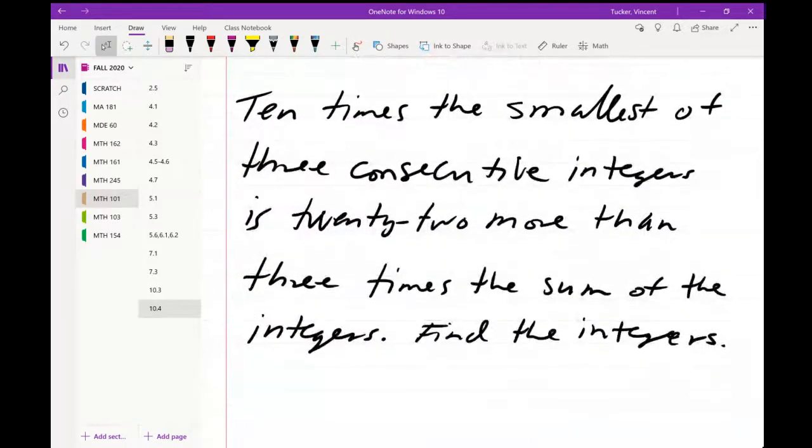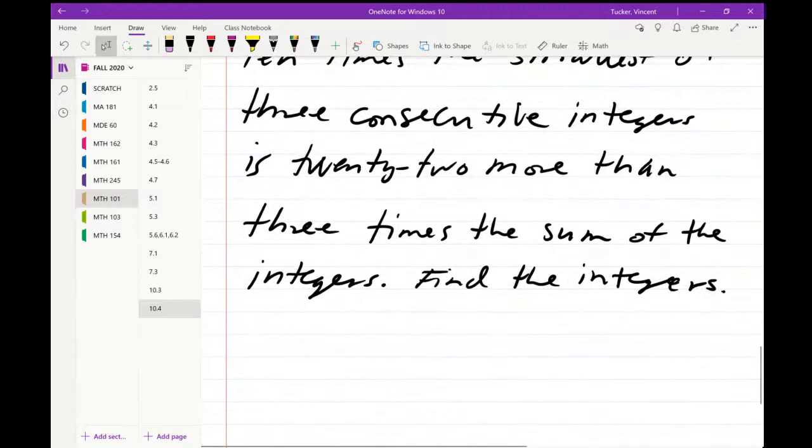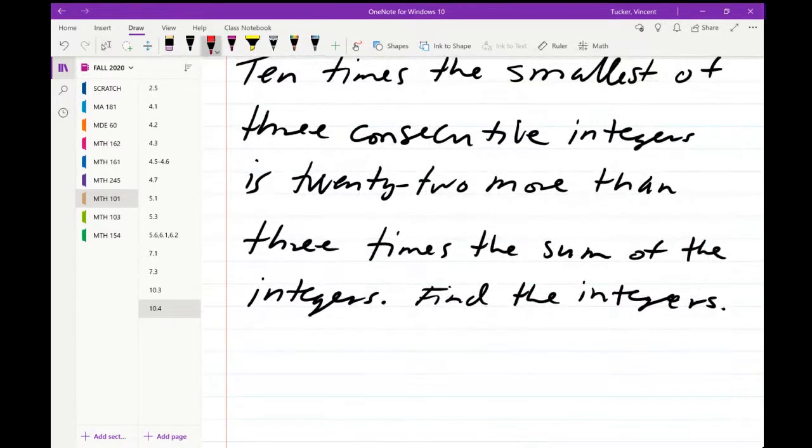All right, so we have 10 times the smallest of three consecutive integers is 22 more than 3 times the sum of the integers. Find the integers. So we just need to take our time with setting this up. First of all, we have 3 consecutive integers.